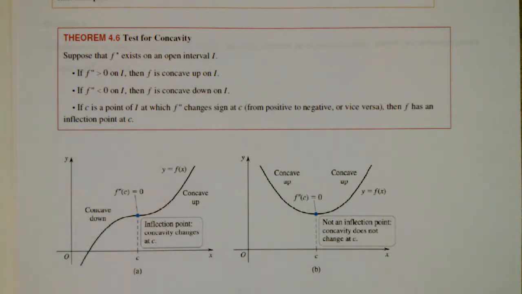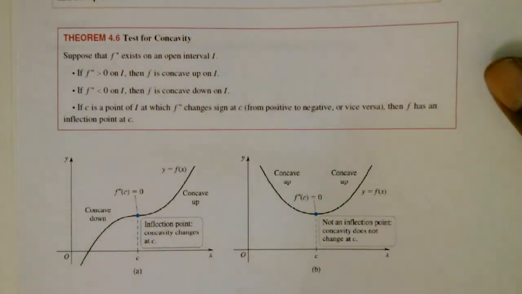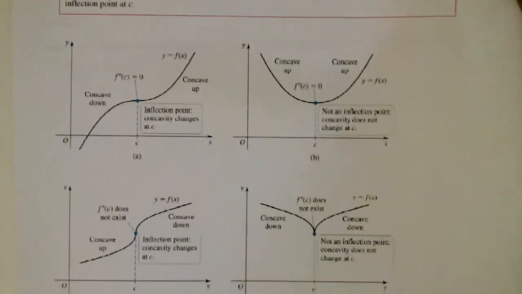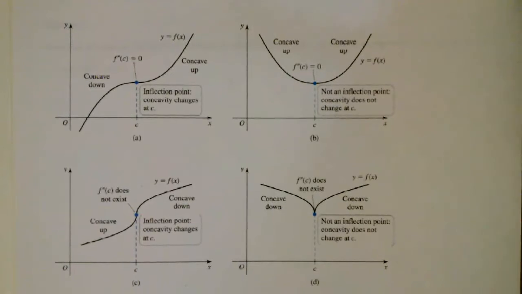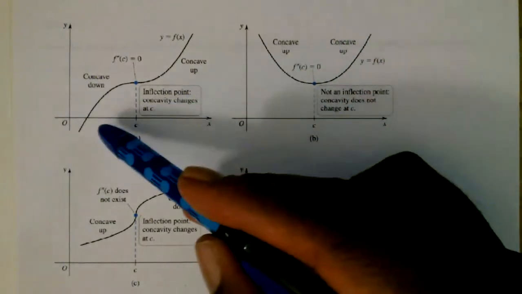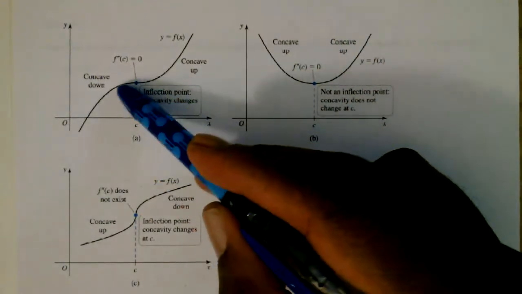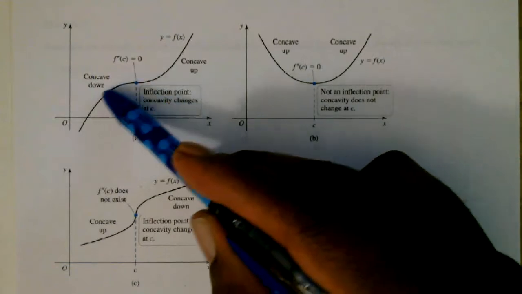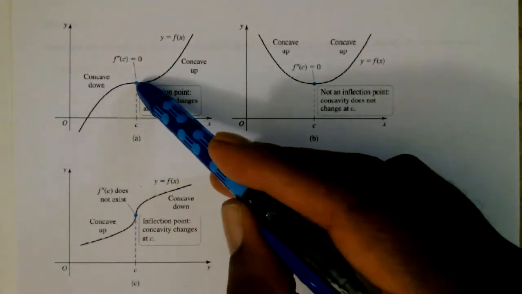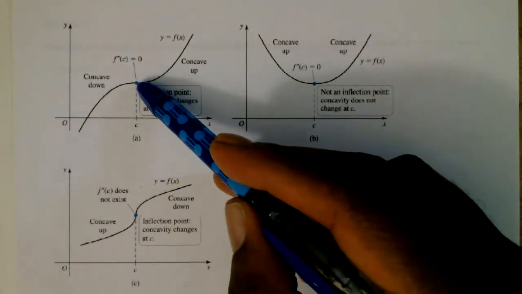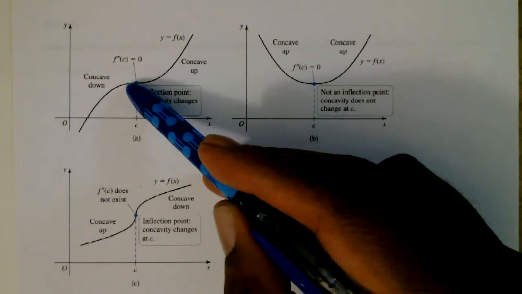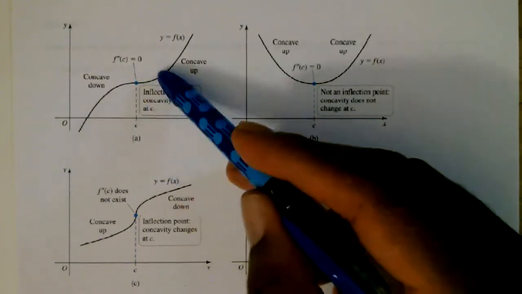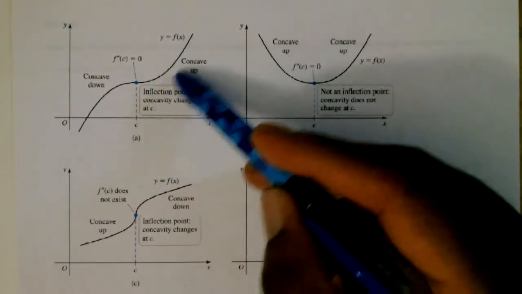And these are just some illustrations of where inflection points can, or you might not have an inflection point. So in these illustrations here, this first one does have an inflection point. As you can see, that is concave down, and then at C, to the left of it is concave down, to the right of it is concave up.